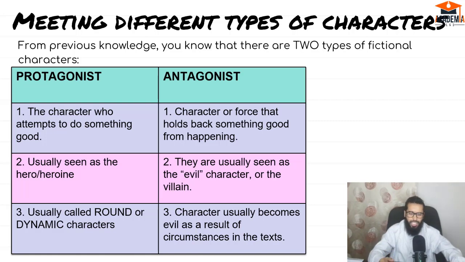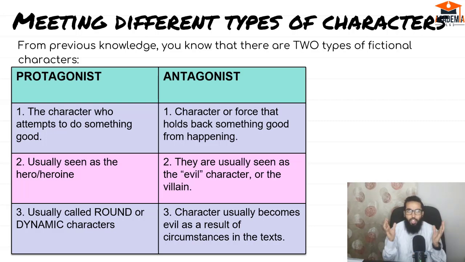Antagonists now. Antagonists are characters or a force that holds back something good from happening. They don't want something good to happen to people. We've got a lot of examples when it comes to this. Number two, they are usually seen as evil characters or the villain, someone who hates everyone and wants to destroy the world and so on. Third, the character usually becomes evil as a result of circumstances in the text. So something goes wrong in their lives, so they want to become evil.